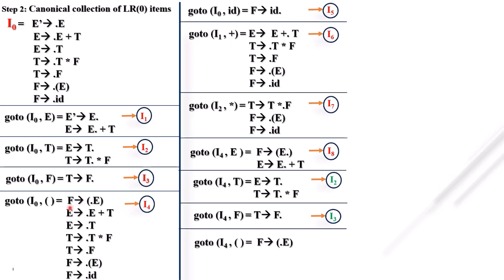Yes, here it is. So after expanding, we get this one only. So you can now write I4 directly. Why? Because the first production is the same. After expanding this, we get this production. So you can write directly I4.